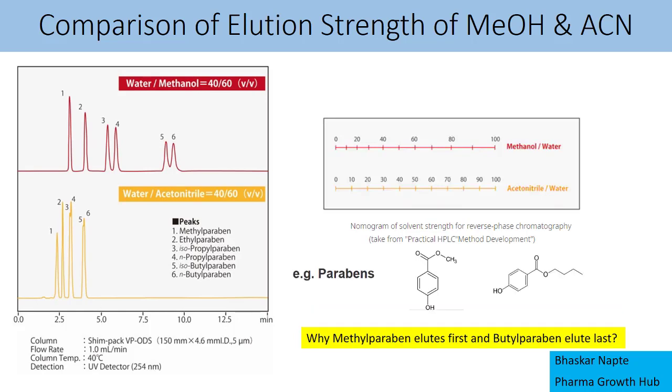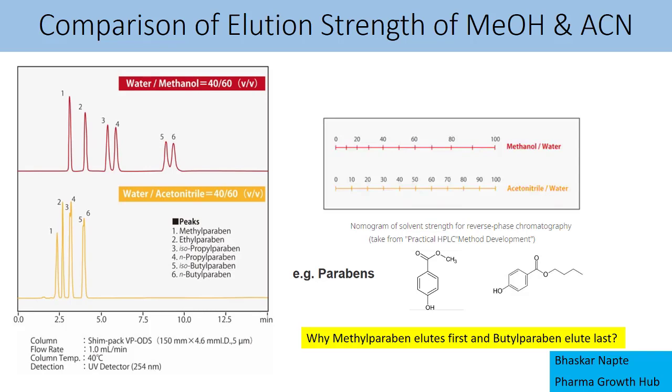Now, the next important question could be why methyl paraben elutes first and N-butyl paraben elutes last. Look at the structures of methyl paraben and butyl paraben. You will understand that the carbon chain length is short in methyl paraben, whereas the carbon chain in butyl paraben is longer.